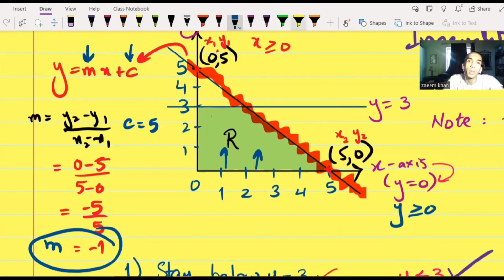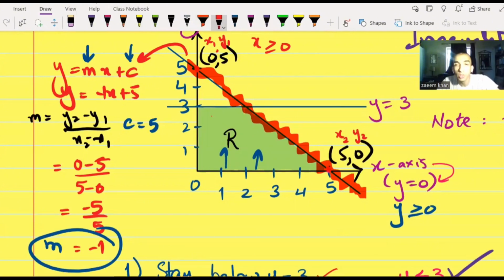Now, if I ask you to make this entire equation, what's it going to be? Y equals minus 1x plus 5. Excellent. Does this make sense? Yeah. You just defined the curvy line drawn or highlighted in red.